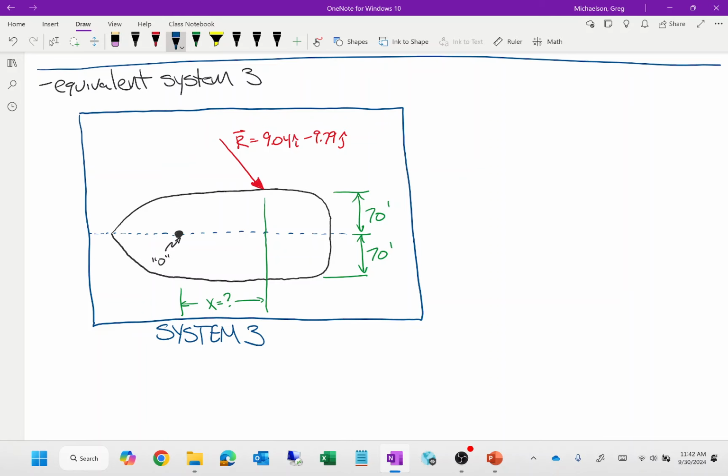Sum of moments, right? So how are we going to determine the moment that this force generates? Well, we've got the force, we need an R vector, right? So I propose the R vector. I can draw that better. That's better. That's the R vector.